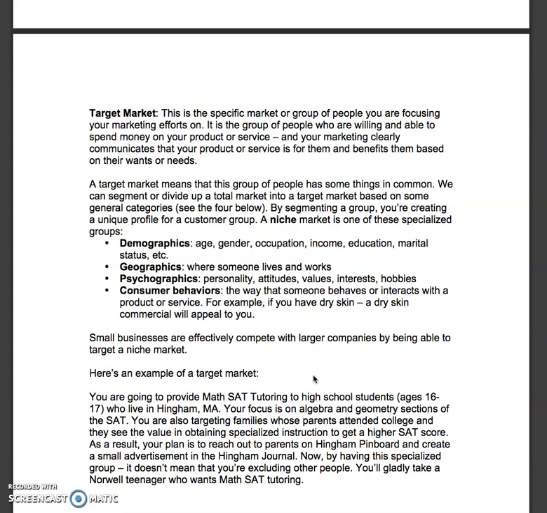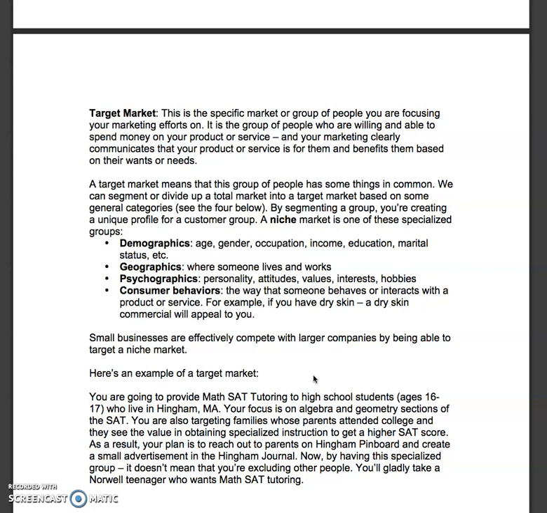By having a target market, it makes it easier for you to figure out how to appeal to this certain group, and it makes it easier to potentially reach these individuals. Now you have this niche, a group of people for whom you are the best fit.